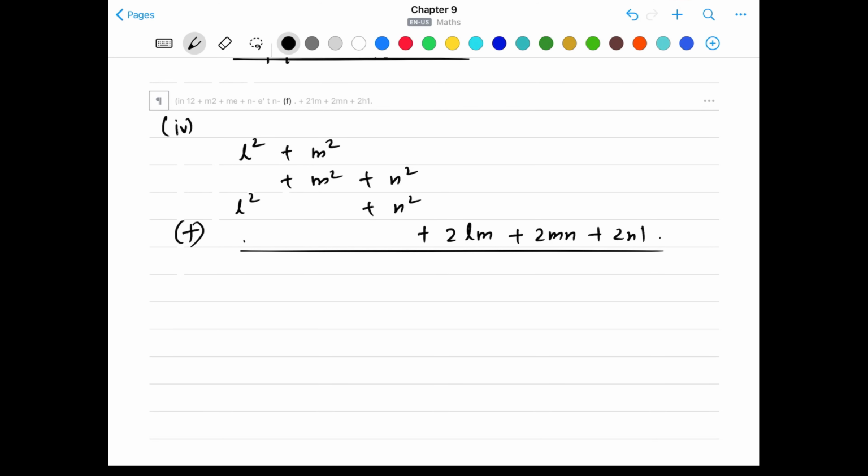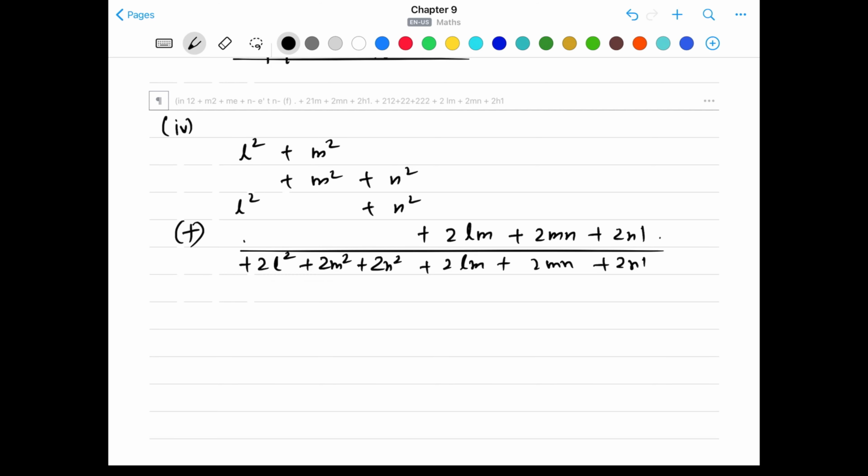Now let's add them. Write the addition sign here. L square plus L square, as both are of plus sign, will give us twice L square. Again we have M square plus M square, this will give us twice M square. In a similar way we'll get 2N square, and here we have 2LM plus 2MN plus 2NL.